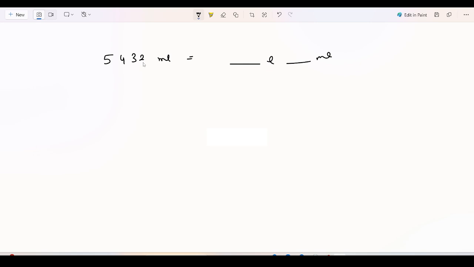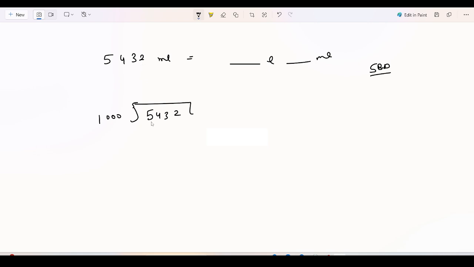So in this, when we convert milliliters into liters, we are going from a smaller unit to a bigger one, and smaller to bigger we divide, SBD. So I will divide this number 5,432 by 1000. Why by 1000? Because I know that in 1 liter there are 1000 milliliters.